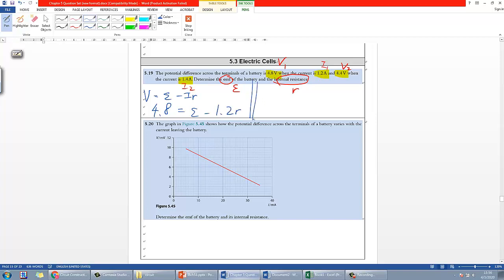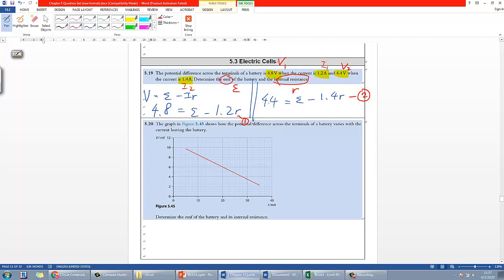That's equation 1. And for equation 2, that will be 4.4 equals epsilon naught minus 1.4 small r. Then you just have to solve it.